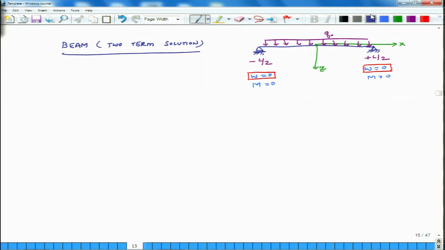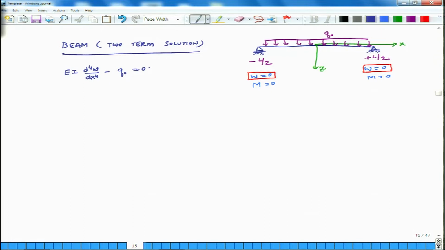Before we do that, okay, so what is the governing differential equation? The differential equation for the system is EI d4 W over dx4 minus q naught is equal to 0. This is the governing differential equation.